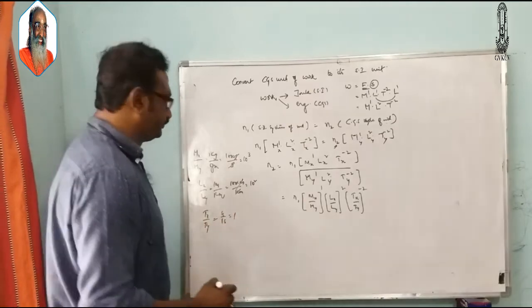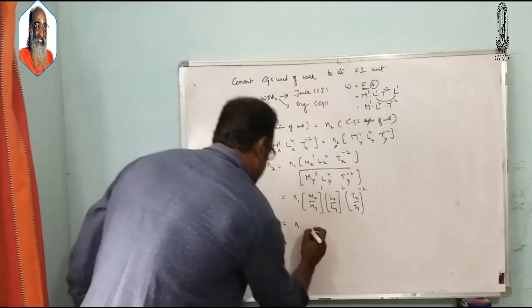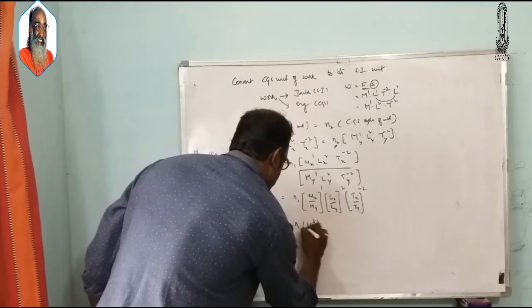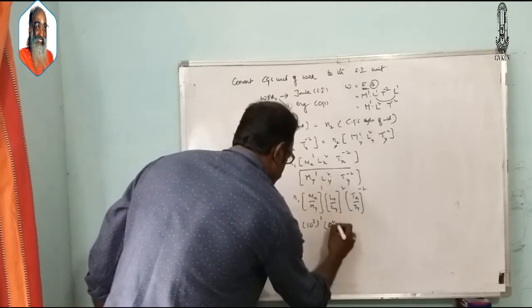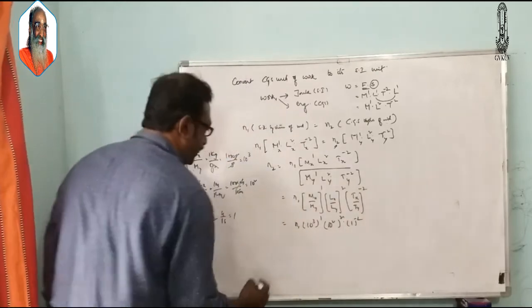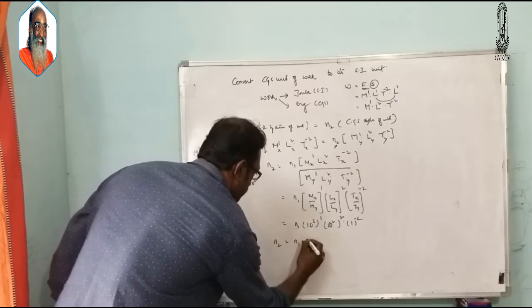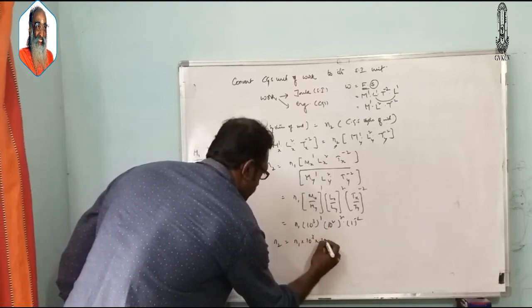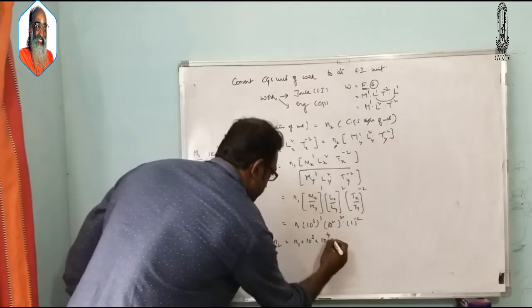So now I can write like this, M1, we got this ratio as 10 to the power of 3 to the power of 1, and this ratio as 10 to the power of 2, to the power of 2, and 1 by 1 is 1. So N2 is equal to N1, 10 to the power of 3, 10 to the power of 2 into 2, it is 4. 1, no need to mention it.